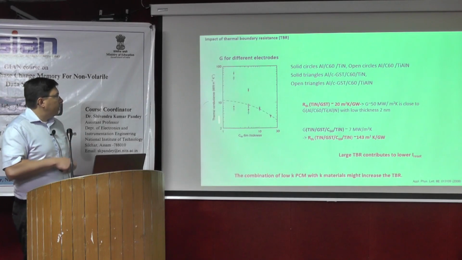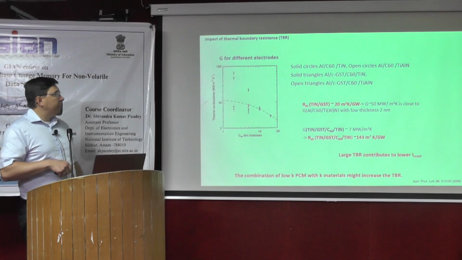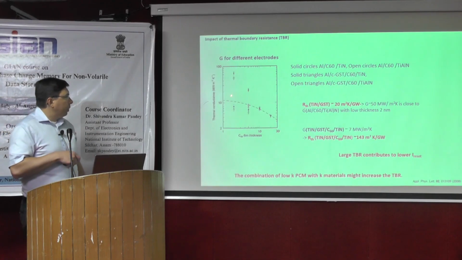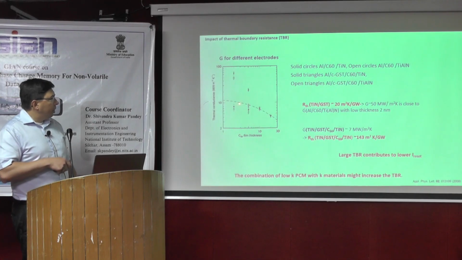Here the thermal conductance was measured against the thickness of the fullerene layer, and what we can see is that if we increase the thickness of the fullerene layer, then this G parameter increases.